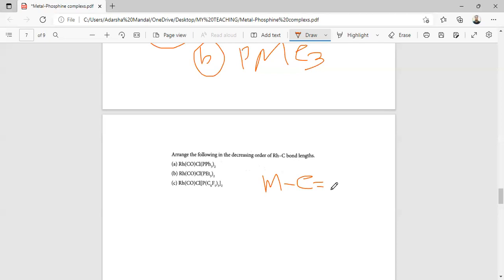So the phosphine ligand with more electron donating power will increase the electron density on the metal center, and that will favor more back bonding from the metal to carbonyl, and that will decrease the metal-carbon bond length.